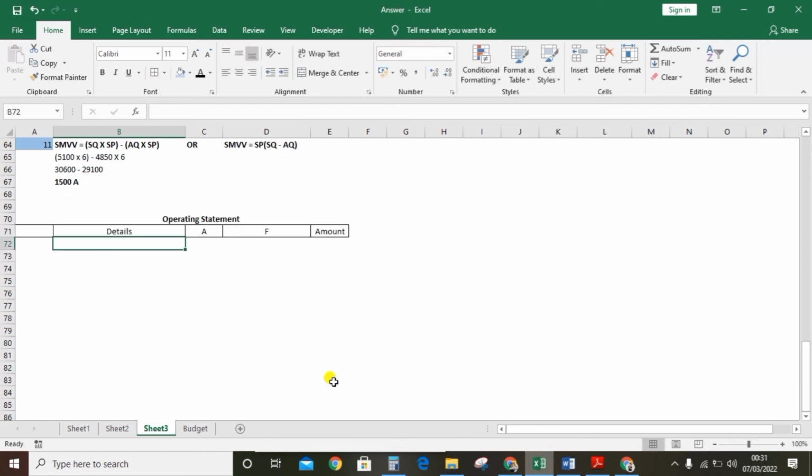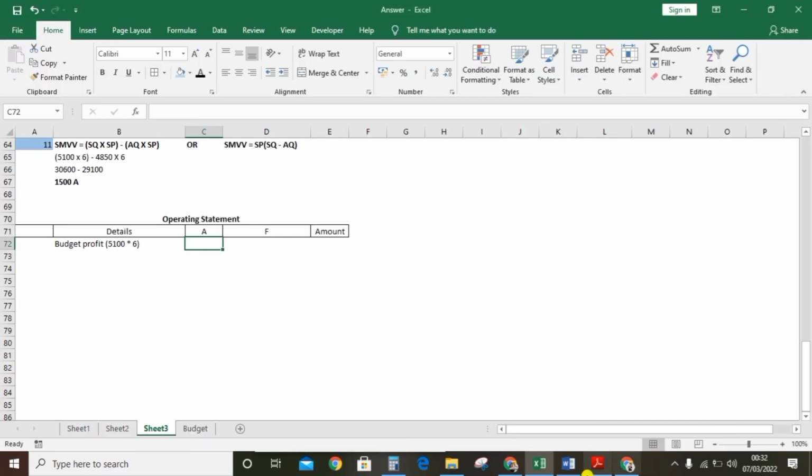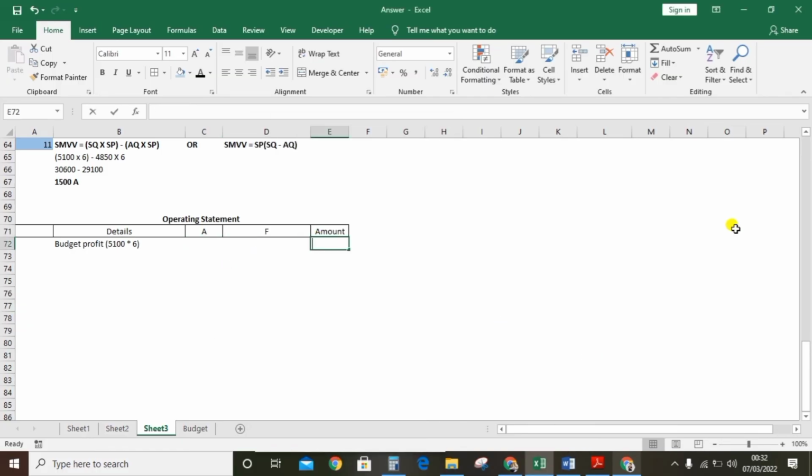First one, budgeted profit is 5,100 into 6. That is the budgeted profit, because budgeted unit is 5,100 and budgeted profit is 6 rupees per unit. So 30,600.